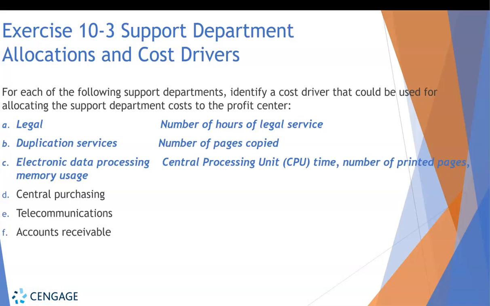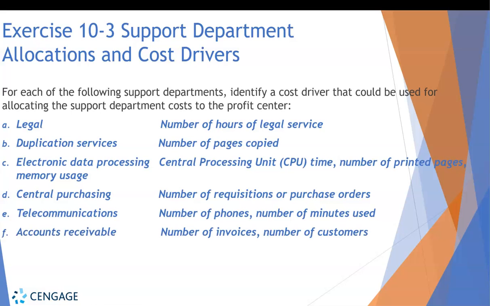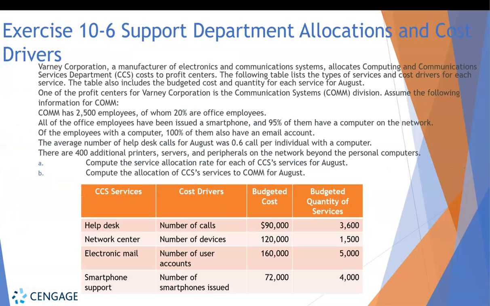Electronic data processing, memory usage, CPU time, or printed pages. Central purchasing would be requisitions or purchase orders. Telecommunications, number of phones. Accounts receivable could be based on either the number of invoices or the number of customers.